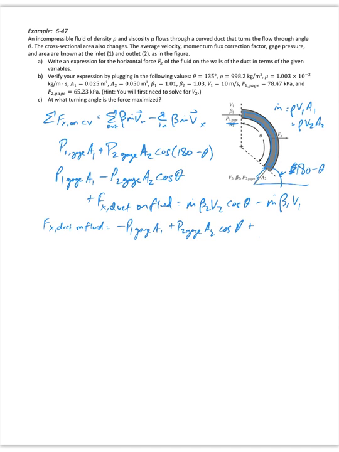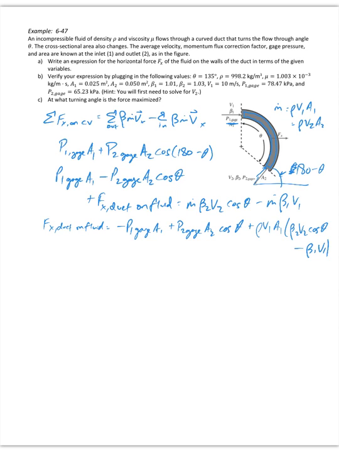Replace m dot with rho v1 a1, and then I've got over here beta 2 v2 cosine theta minus beta 1 v1.